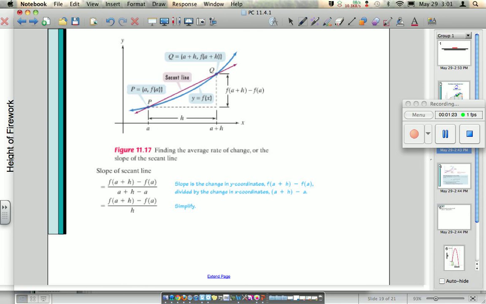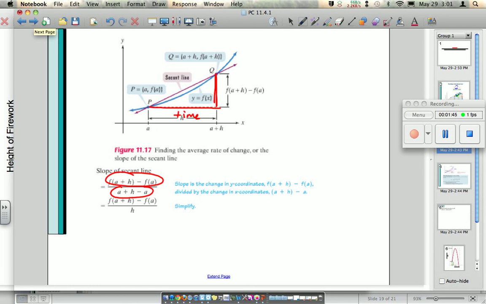So the rate between any 2 points, P and Q, is the difference in the y's divided by the difference in the x's. Because we would look and see how much did we grow in how much time. Usually x is time and y is the inches or the feet, or maybe it's the money.